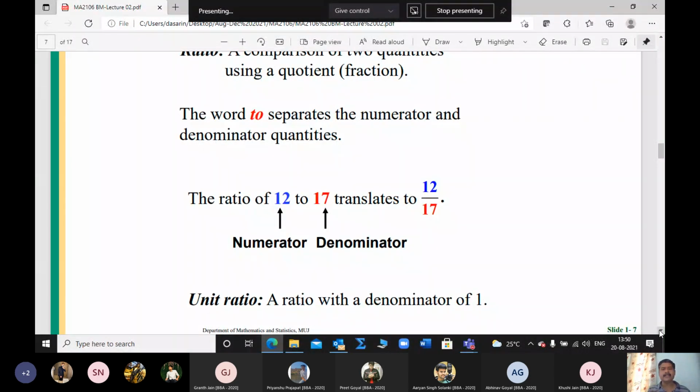If in place of 17 you find 1, unity, then this ratio is called a unit ratio. So these are the two basic definitions that we have learned till now.